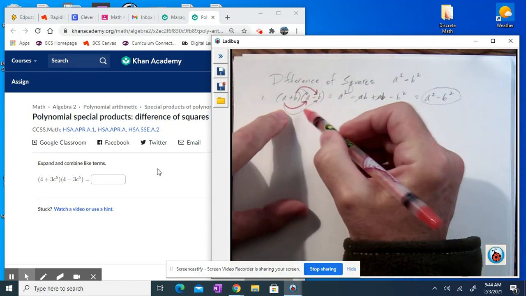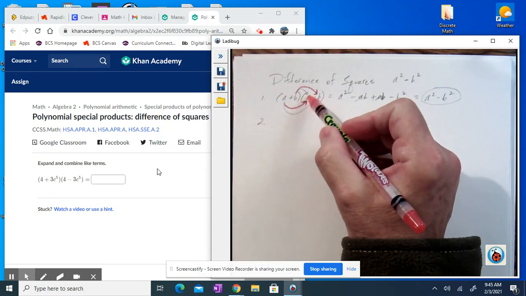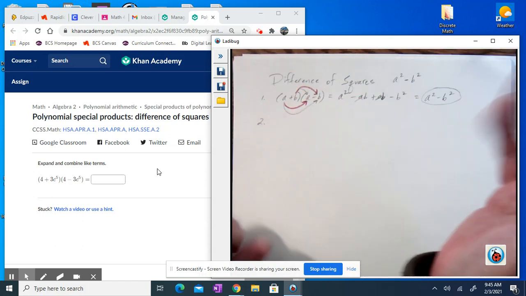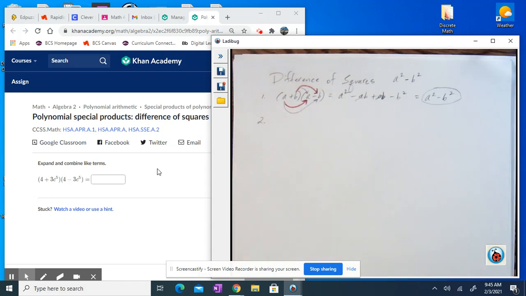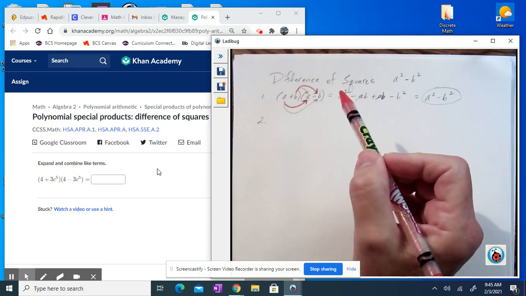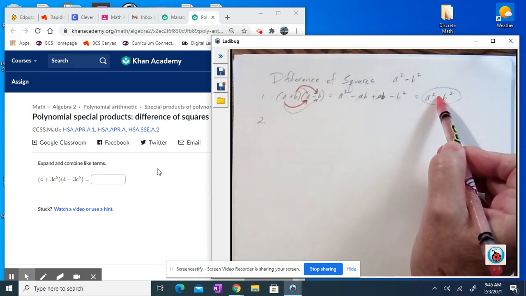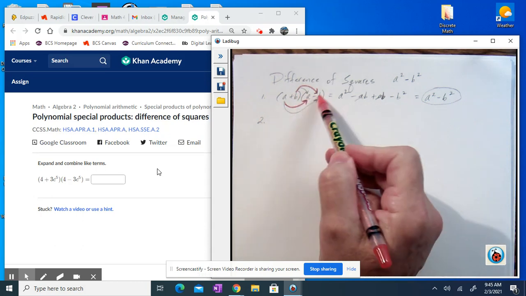The other 2, a times minus b and b times a, just cancel, and it's always true with a difference of squares. So we can come up with a shortcut: just do a times a and b times negative b. You should always end up with a minus sign because you're multiplying a positive and a negative.